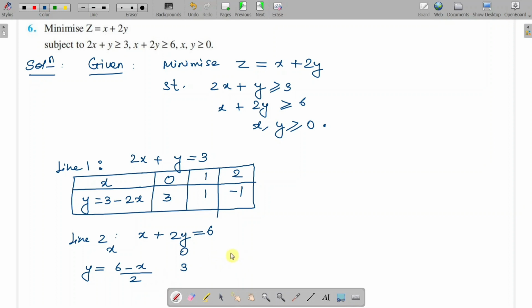Okay, when x is 2, you will get 6 minus 2 by 2, that is 4 by 2, so that means 2, right? And when x is 4, 6 minus 4 by 2, that is 1. This is what you will get. This is the table for line 2.